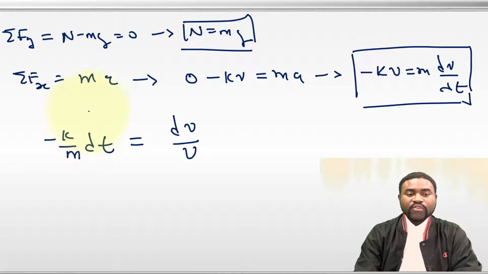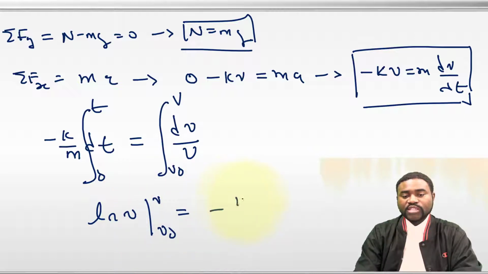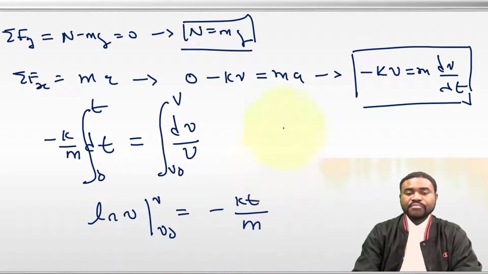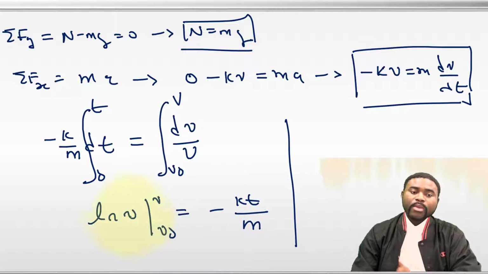Now, if we integrate from 0 to t, from v naught to v, we are going to have the natural log of v from v naught to v equal to negative kt over m. I have a question. Yes, please. How come it's not absolute value? Yep. We can put the absolute values. In math, it's important.